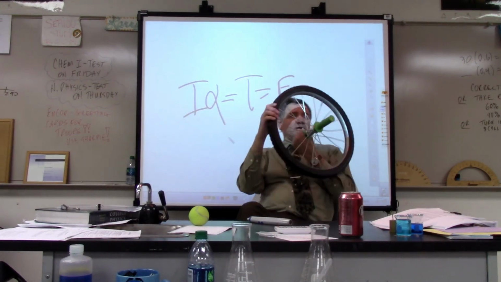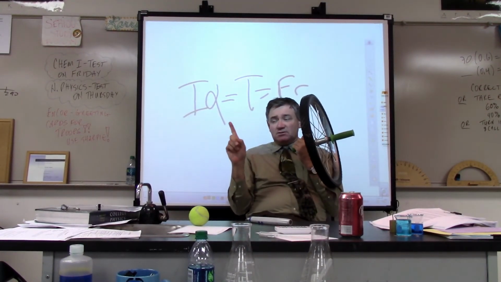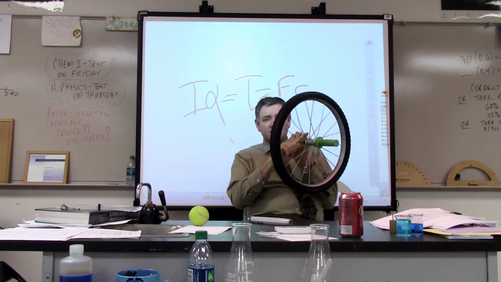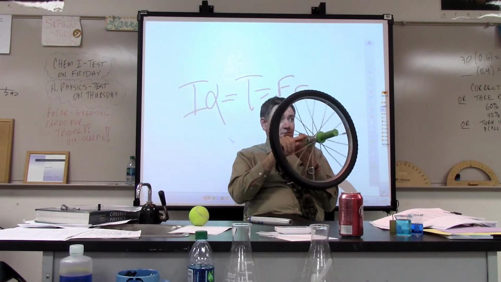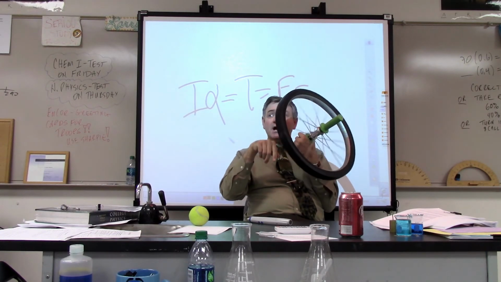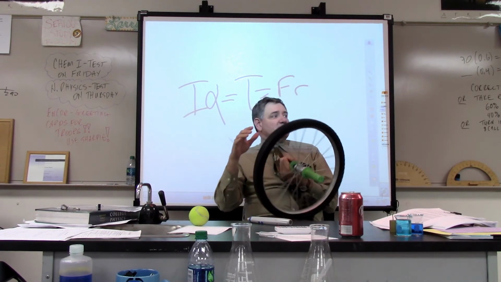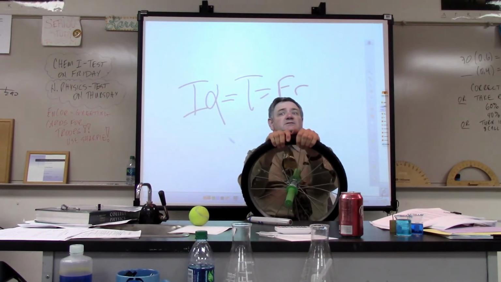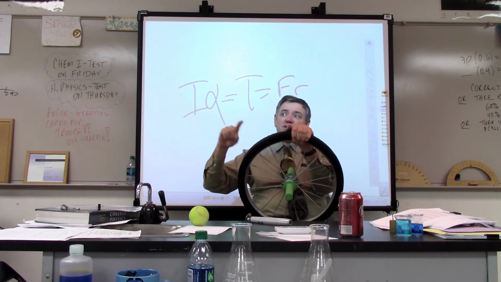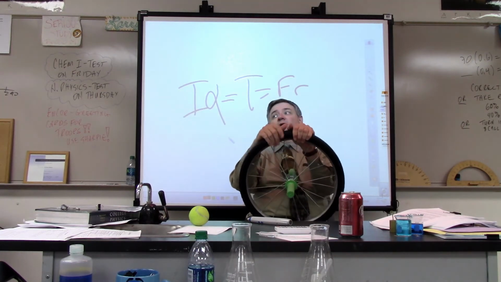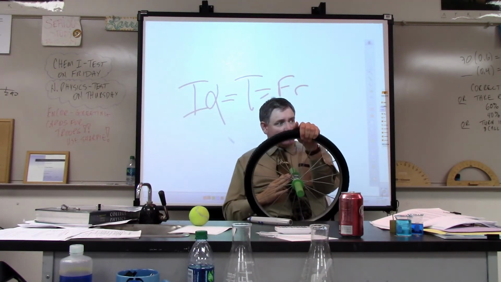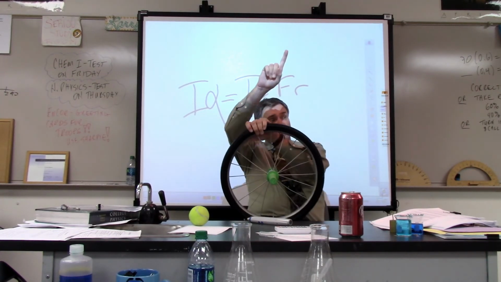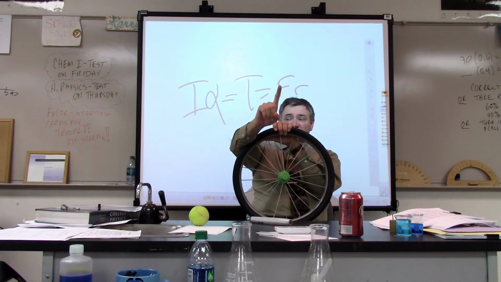So, when you're talking about the radius, you have to be careful about which radius you're talking about. If I apply the same force here, and I apply the same force out there, am I going to get the same acceleration? No. This is why you can't use F equals ma on a spinning object. If you apply the same force, you get completely different angular accelerations. So the radius of where I apply the force is going to be a factor.